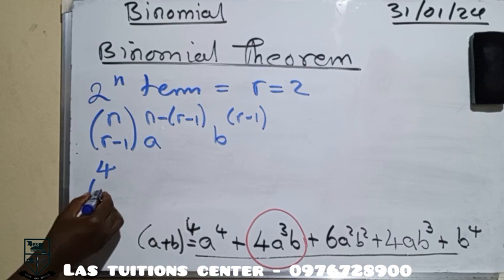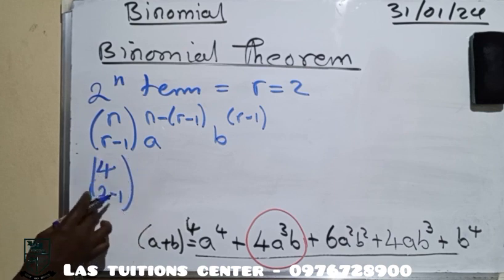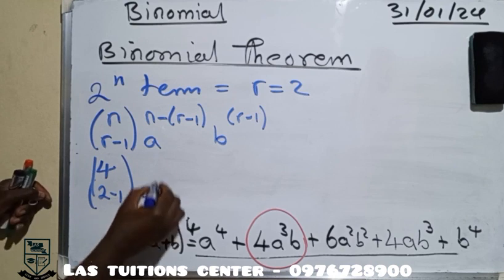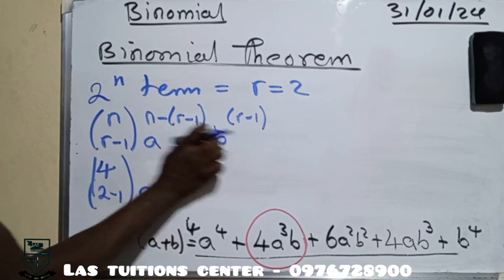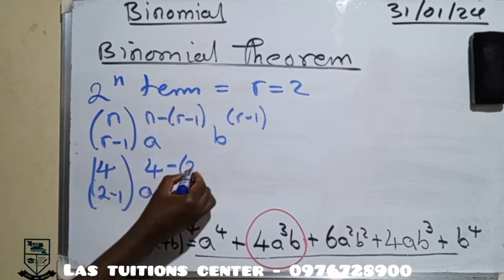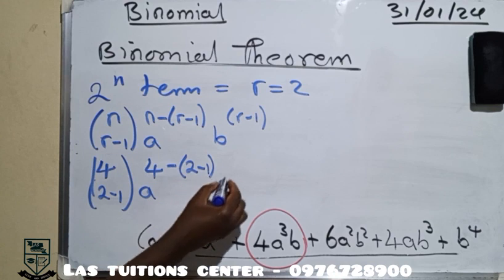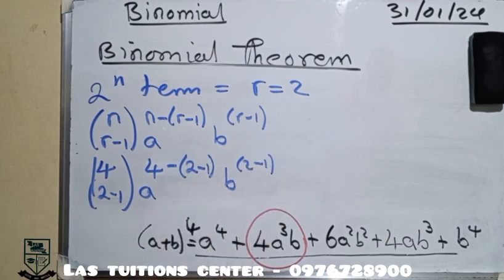So we have 4 choose 2 minus 1, then a to the power 4 minus (2 minus 1), then b to the power 2 minus 1.